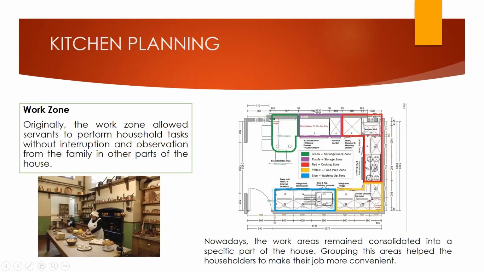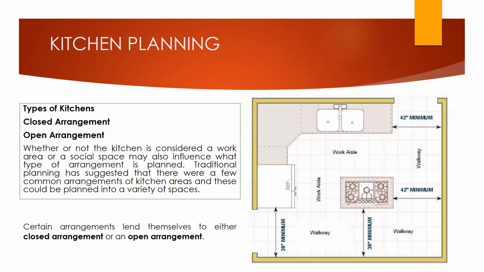We have the area for cleaning, the area for storage, the area for cooking, and the area for different kinds of storage. So this concept was consolidated. It's a work area, where people go to work, to do some activities. When you move forward with these slides, we will understand this consolidation.